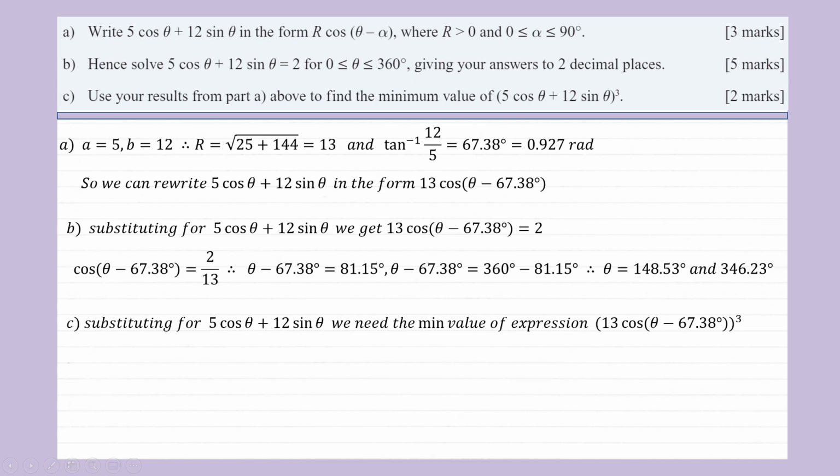We can replace that by our 13 cos of theta minus 67.38 degrees. And of course that expression is 5 cos theta plus 12 sine theta cubed, so we need to cube this.